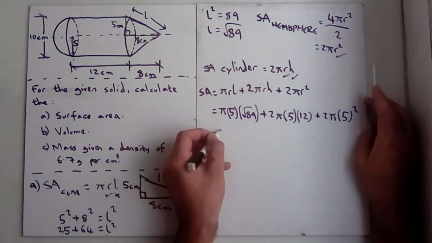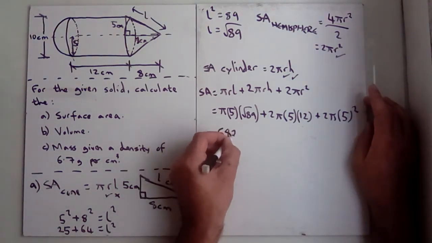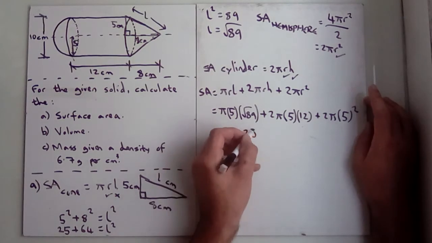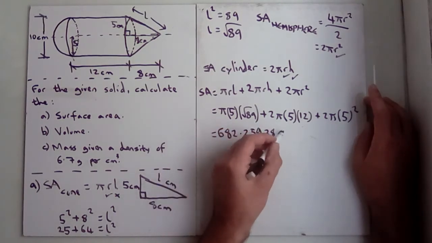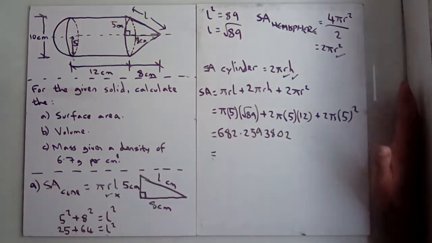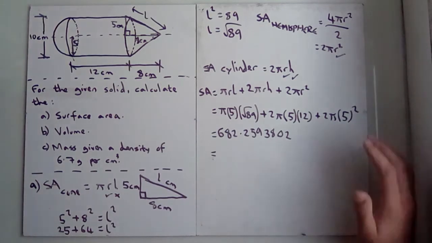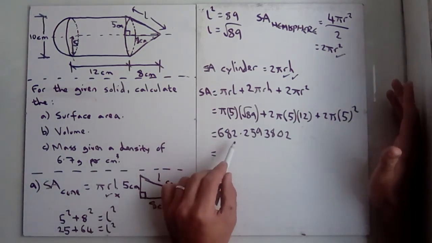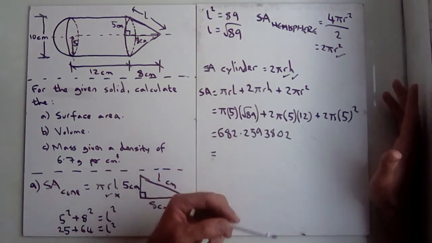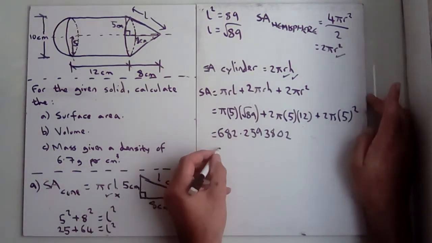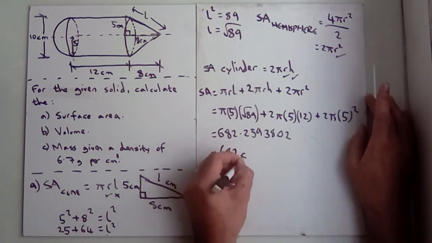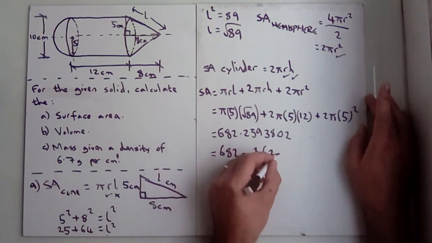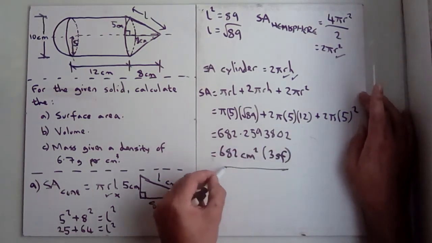So this should be 682.2593802. We haven't been asked for a degree of accuracy, so I'm going to go 3 significant figures. So 1, 2, the third significant figure is this 2. Next to that is another 2, which won't do anything, so we'll chop everything else off. Equals 682 cm squared to 3sf. I know it is centimeters squared.